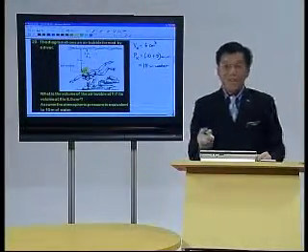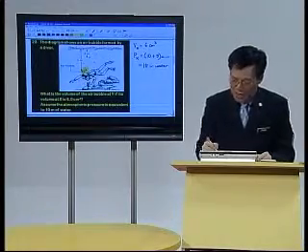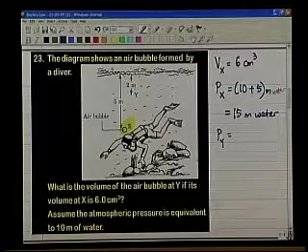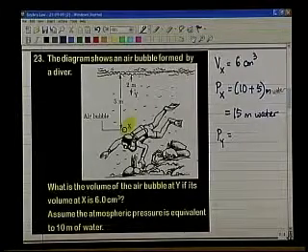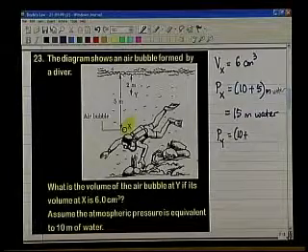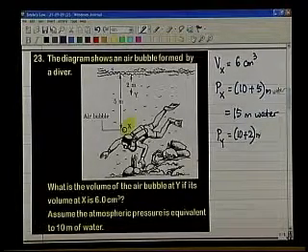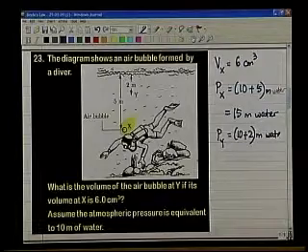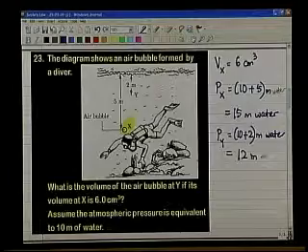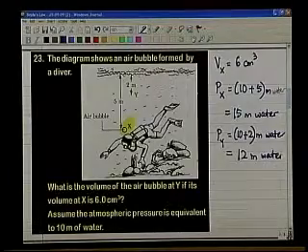That is pressure at X. Now what about pressure at Y? The pressure at Y is 2 meters deep. So it is 10 plus 2 meters of water. So what do I get? I have 12 meters of water.